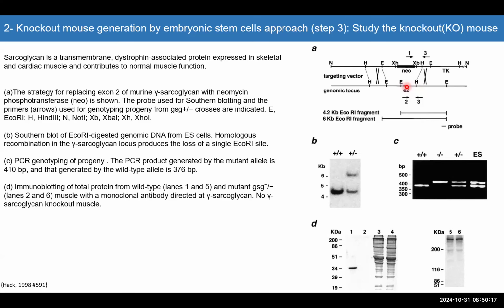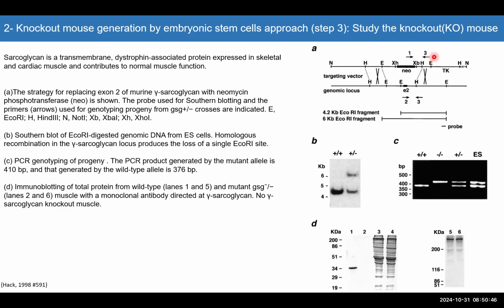So in order to know that the process has taken place, and in order to genotype the mice, in other words, to make sure that the neomycin cassette replaced exon number 2, I have to do two things. First, generate a primer that is specific to the neomycin cassette on one end, and to the homology arm on the other end.